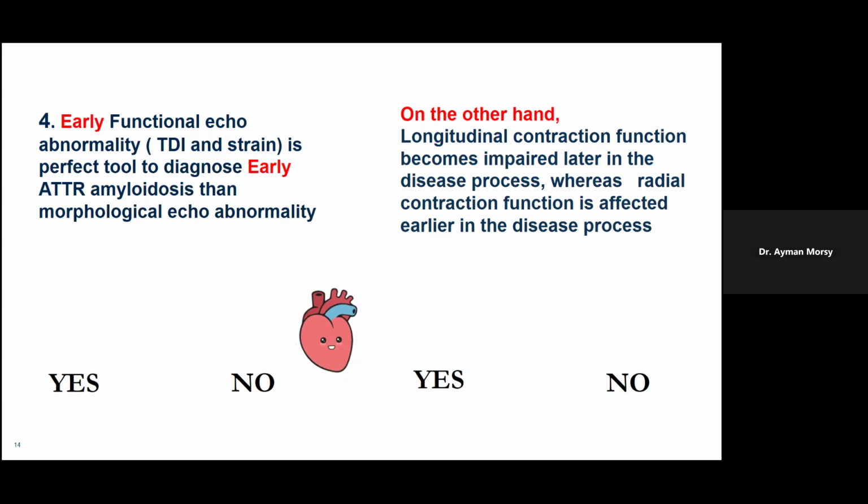So do you consider longitudinal contractile function is impaired early or late in patients with cardiac amyloid? The message is that longitudinal contractile function is impaired early, not late. Early, not late. That's why you should catch your patient early.